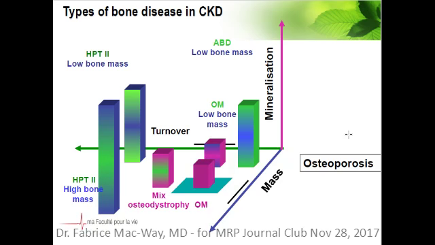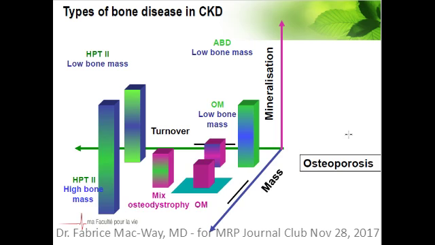And the majority of CKD patients will have a low bone mass. Over 80% of CKD patients will have a low bone mass if you assess the bone mass with the DEXA. And of course, they have osteoporosis as well. By definition, osteoporosis is a high risk of fracture, defined by a T-score lower than minus 2.5 on DEXA.